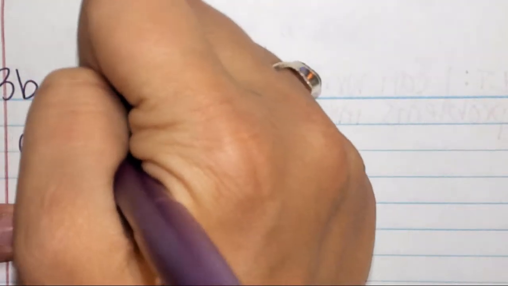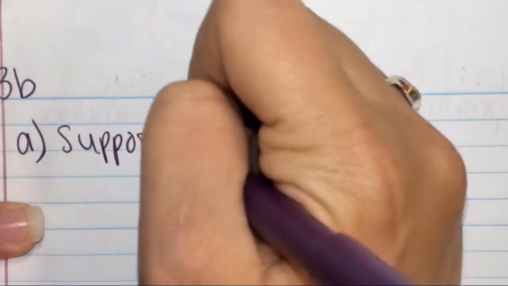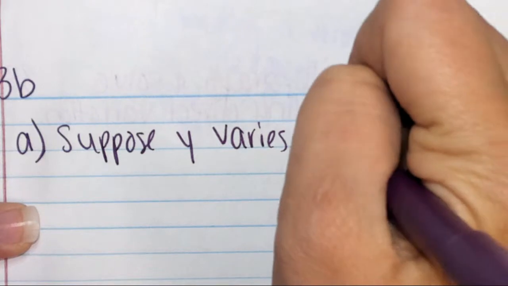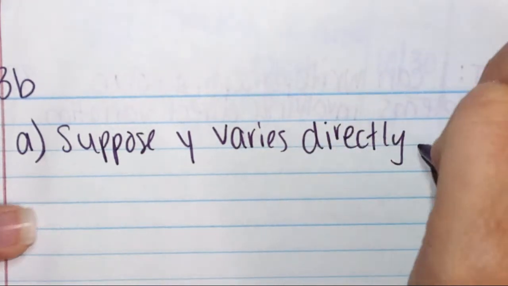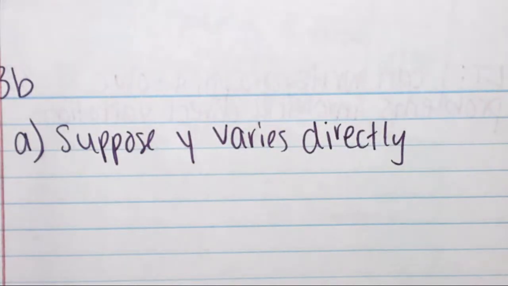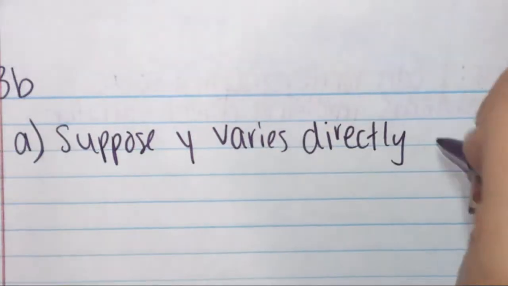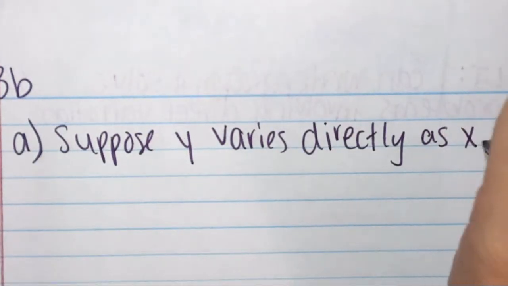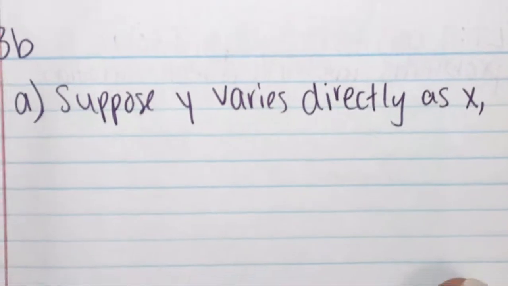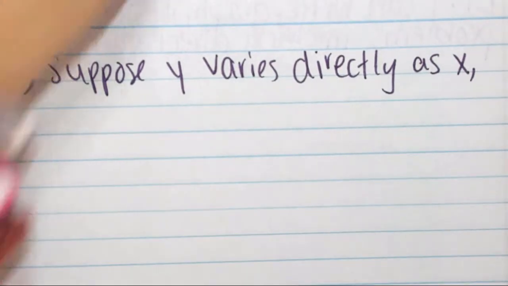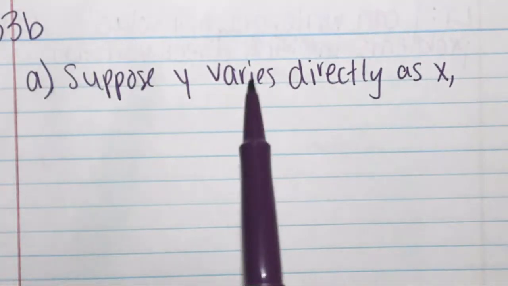Alright, so our first problem says, suppose y varies directly as x. So this is what it'll say every time. This is what it means by direct variation.